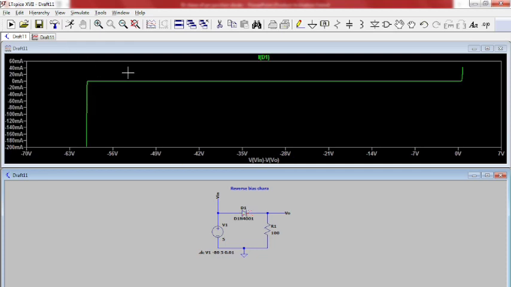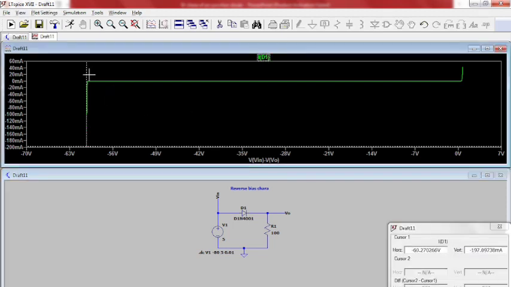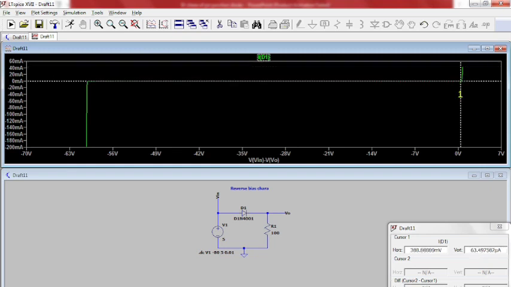This is the graph. This part is the forward bias. This part is the reverse bias, and we can put 0 here. This is the origin. Then zoom in on this part.